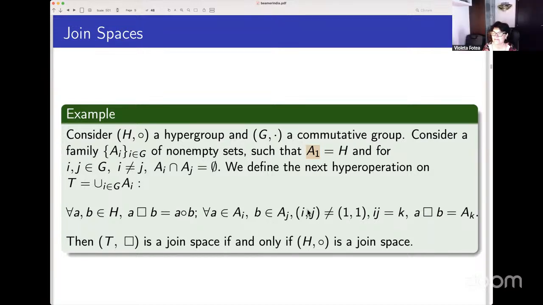Yes. And now, your presentation is very interesting for me because I saw this history. For example, I saw the names that you mentioned, for example Mittas and Corsini.